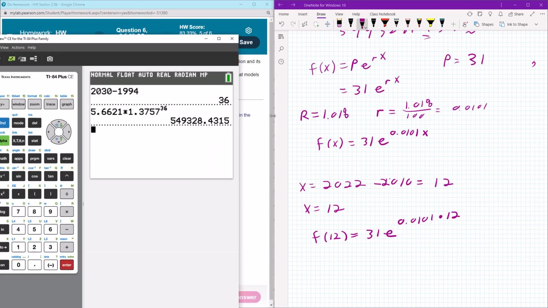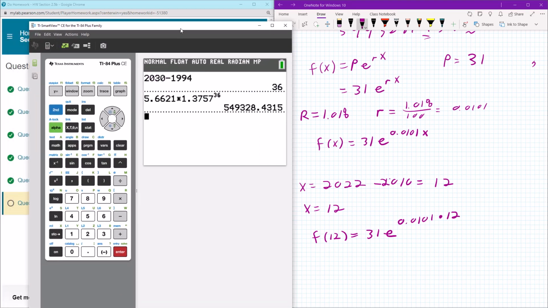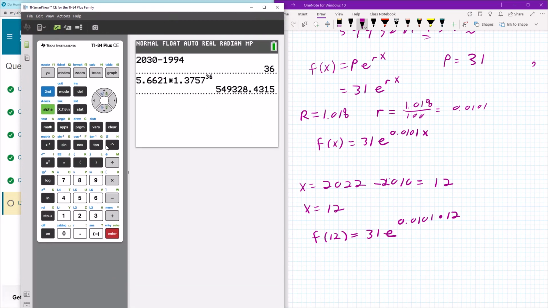So here is our calculator. It's going to be 31 times, and now remember, since we're using Euler's number here, that's this value right here, and we can get that by doing second natural log, which is good because it's the e to the x, and then we just type in the product of the exponent right up in here. 0.0101 times 12.